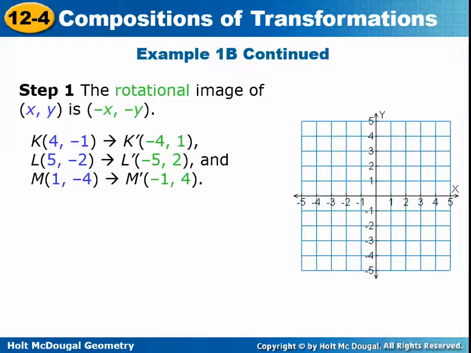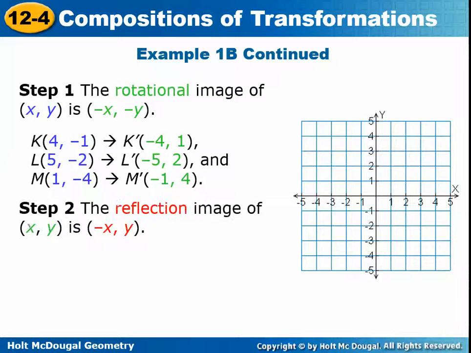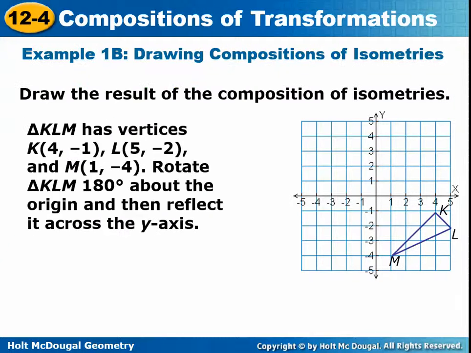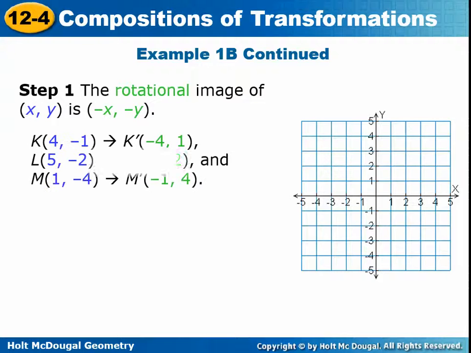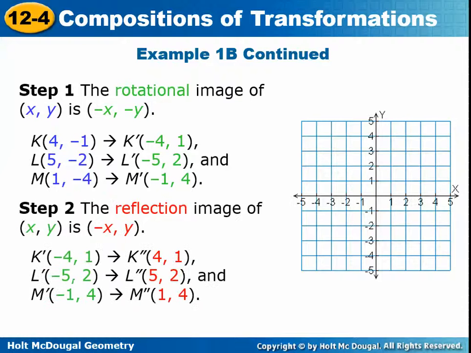And there's the original coordinates KLM of the pre-image. And then the rule is to take the opposite signs, and we'll get K prime, L prime, M prime. And then we are going to reflect that about the y-axis. And the rule for that, you have to look back into the first section of this chapter, is that when you reflect about the y-axis, you change the sign of just the x-coordinate.